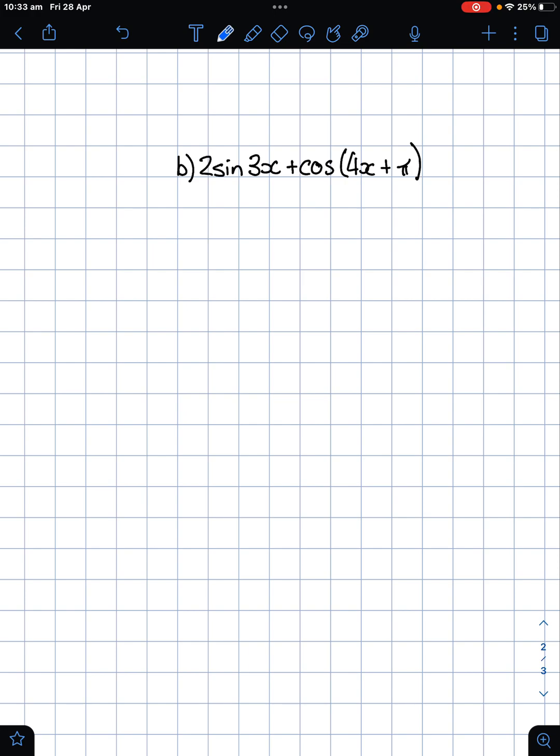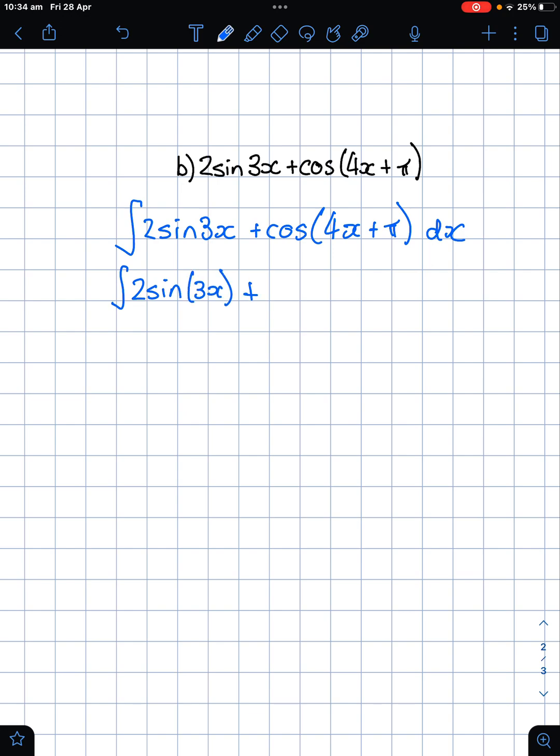All right, final one: integral 2 sine 3x plus cosine 4x plus pi dx. All right, we're going to break this up into two individual ones. Integral 2 sine 3x plus integral cosine 4x plus pi dx.